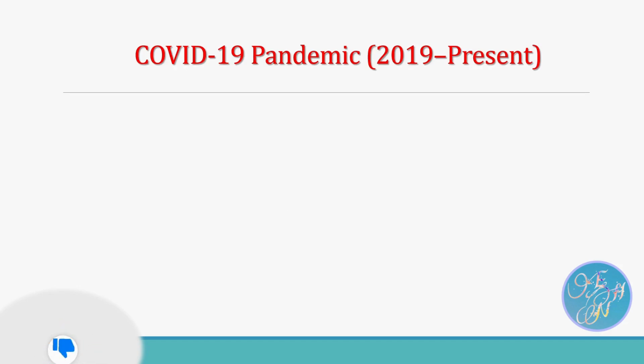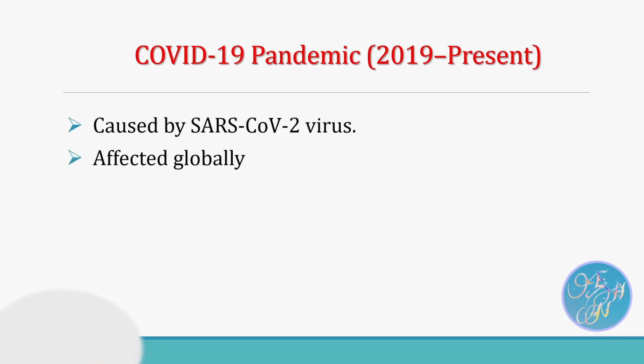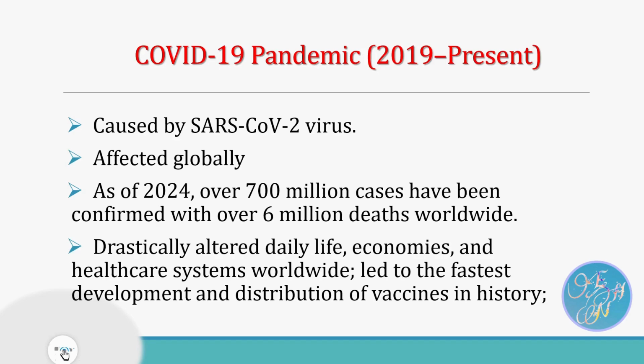Then, in 2019, the world was hit by the COVID-19 pandemic. It is caused by the novel coronavirus, SARS-CoV-2, which is part of the larger family of coronaviruses that includes the viruses responsible for the common cold, MERS, and SARS.